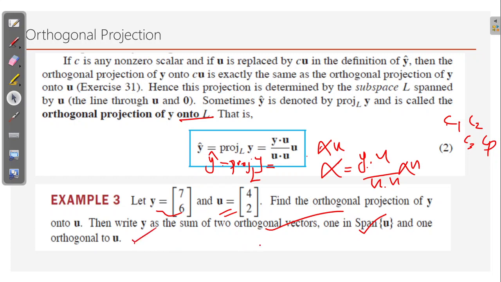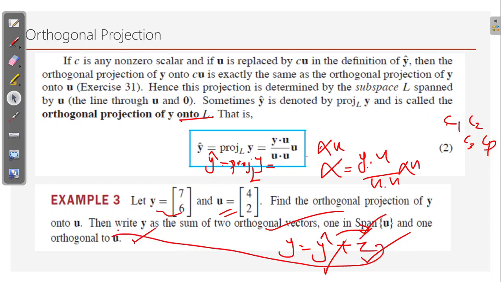That means you have to write y equal to y cap plus z. You have to find this y cap and then z. Y cap will be in span u and z will be orthogonal to span u.